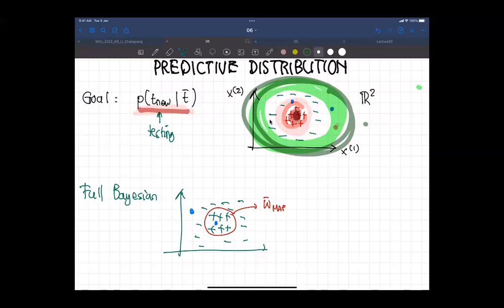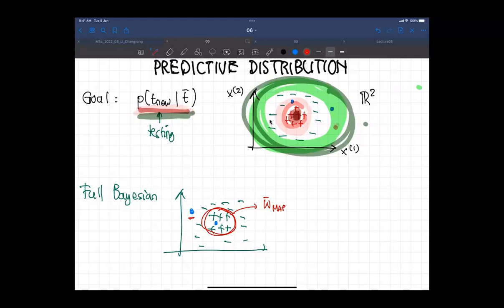And that's what makes it more interesting. Because in this space, in this factoring space, we know the probability of any possible point. Does it make sense? And you cannot have this using full Bayesian, because full Bayesian only gives you this red line. If it is a positive or a negative point outside the red circle, you do not know the probability of that.